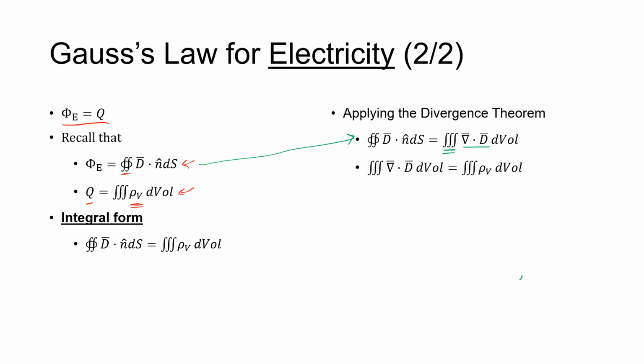Now let's take the right hand side of this equation and place it here. Then we have a triple integral of some quantity equal to another triple integral of another quantity. So we can conclude that these two quantities are equal, which means that nabla dot D, or div D, is equal to rho v, which is the differential form of this Maxwell equation.